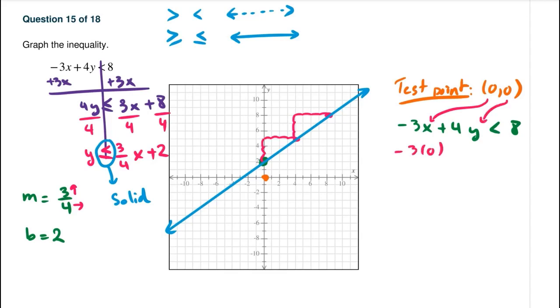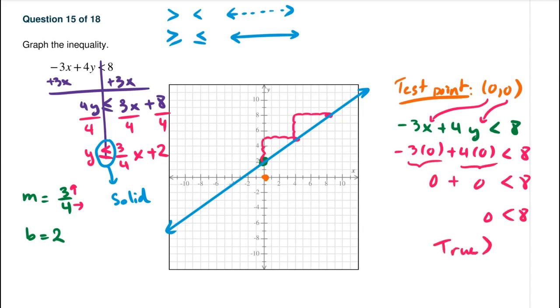That will be negative 3 times 0 plus 4 times 0 less than or equal to 8. Negative 3 times 0 is 0, plus 4 times 0 also 0, less than or equal to 8. 0 less than or equal to 8 is a true statement. So since it's true, we're going to shade the area that contains the point, which is the area below the line. So that's going to be your solution here.